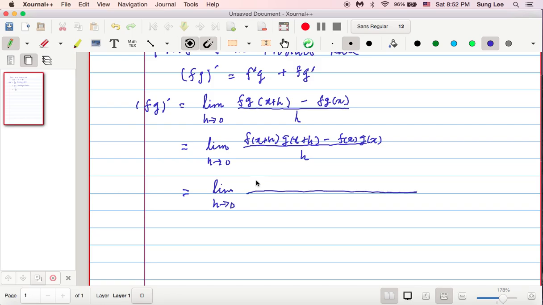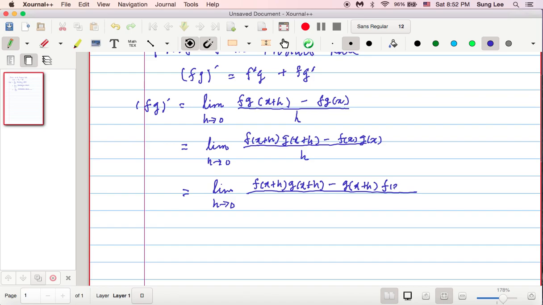So next, what we are going to do is, we have f of x plus h times g of x plus h here, right? I'm going to subtract g of x plus h times f of x.